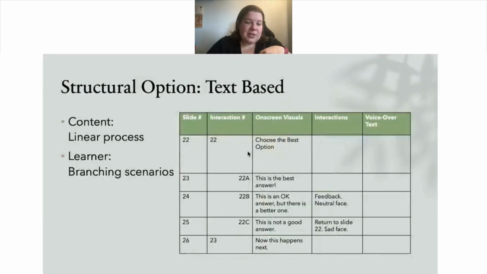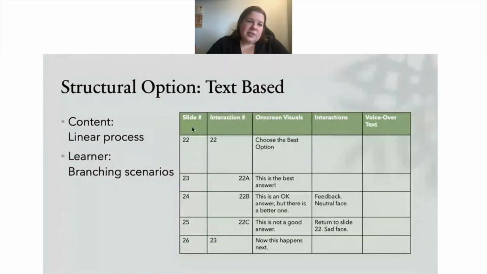And so what I do here is I have an interaction number that helps me with mapping these. So question 23 here is actually if I chose answer choice A from slide 22. So it jumps in terms of how my numbering style works.